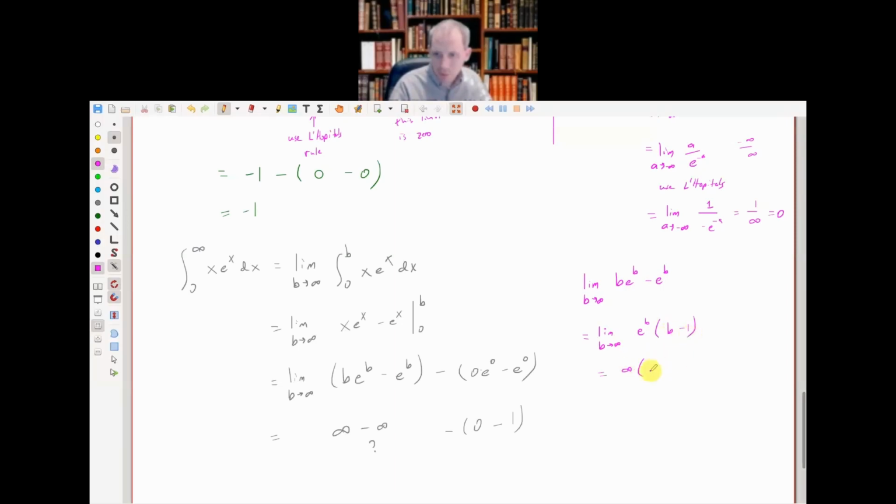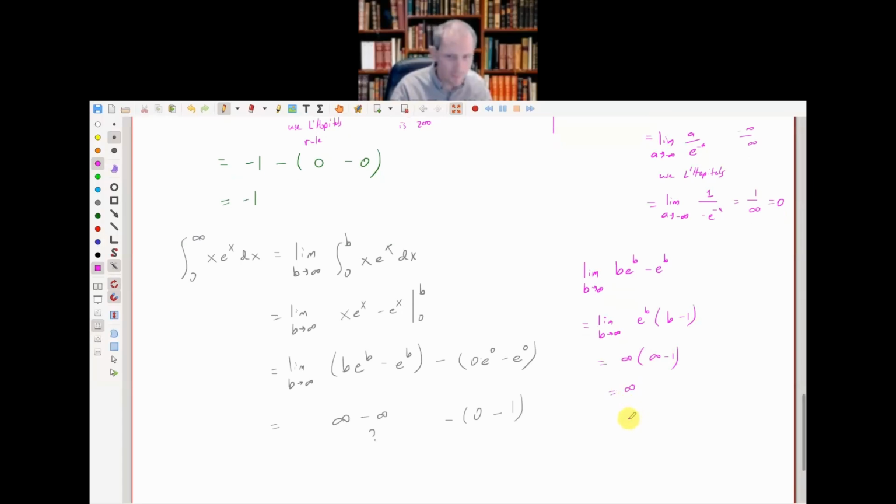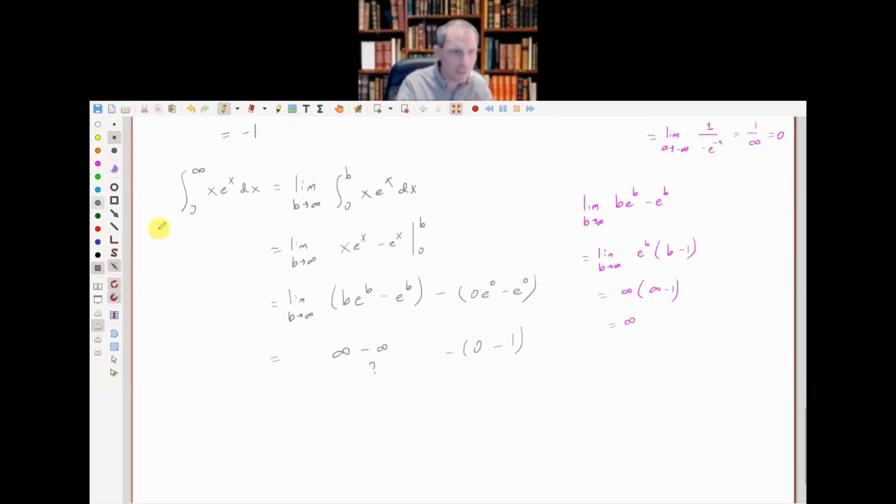And here I'm going to have an infinity minus 1. Well, infinity minus infinity, I don't know what's going on, but infinity minus 1 is just infinity. And infinity times infinity is infinity. So I got it. This limit is going to be infinity, so the whole integral diverges.